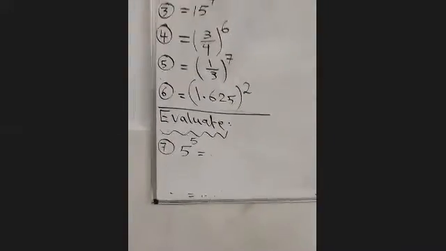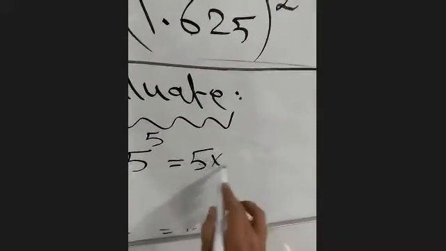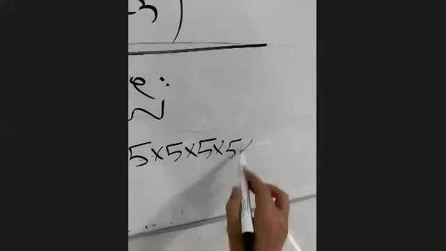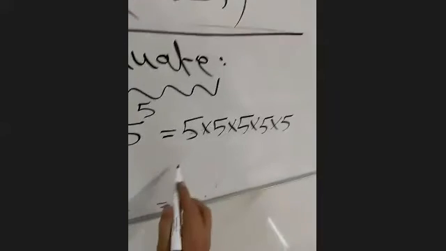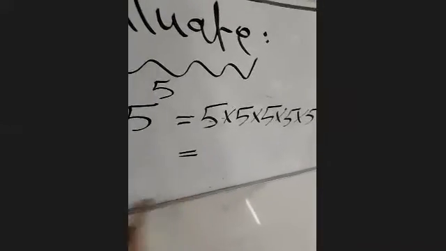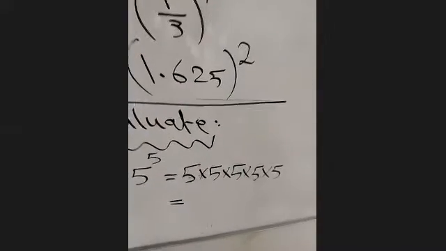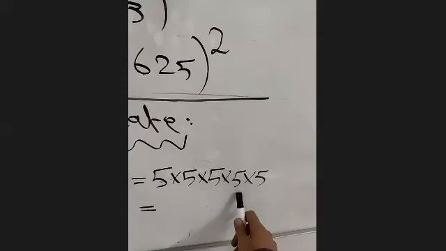We write 5 multiplied 5 times: 1, 2, 3, 4, 5. We multiply 5 by 5, 25. 25 multiplied by 5, 125. Then 125 multiplied by 5.